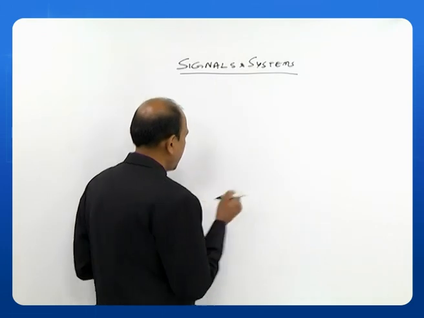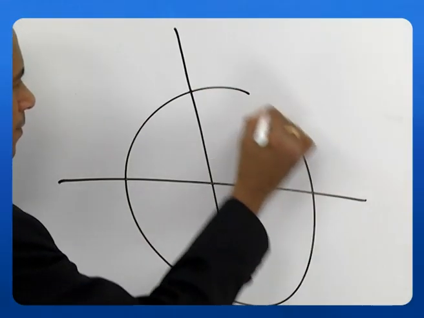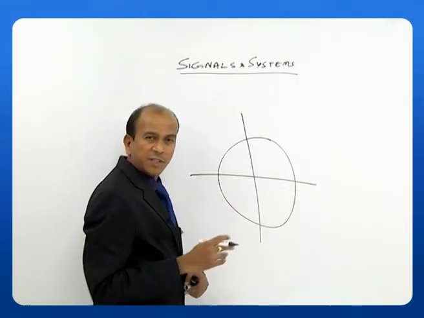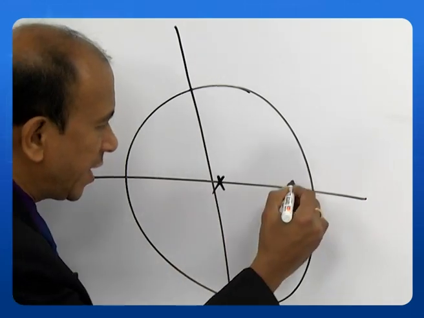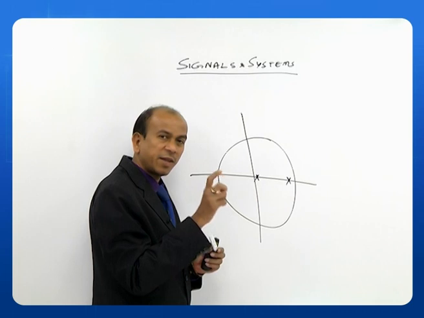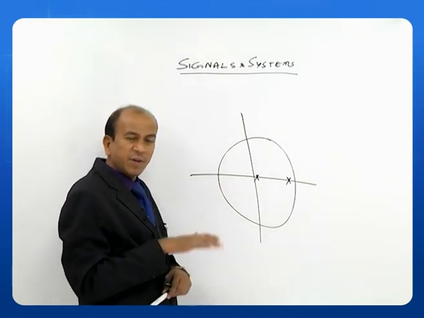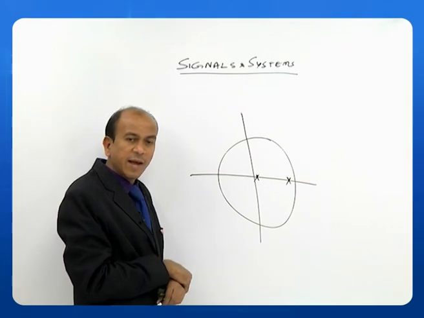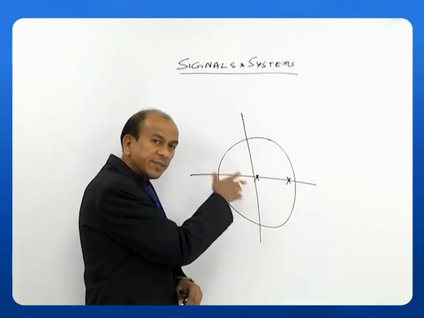If you look at a pole here, let us say the first pole is very near the origin and another pole is very near the unit circle. And remember, the condition here is that both are inside the unit circle. So what will happen in the first case? If you look at the slide here, it says the pole near the origin decays more rapidly. So this pole is decaying your signal more rapidly.